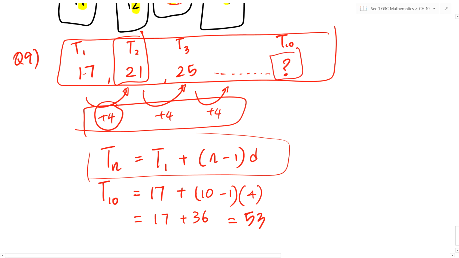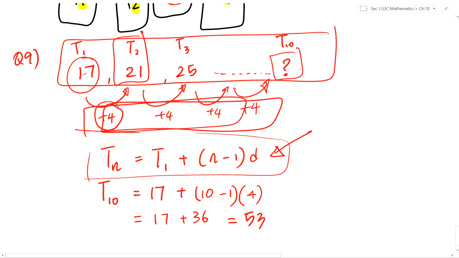We get it from term number 1, which is 17. How many 4s do I add? There are 9 of them. There are 9 times that I am adding the common difference of 4 in order to arrive at term number 10. That is why we have this very useful formula for common difference patterns.